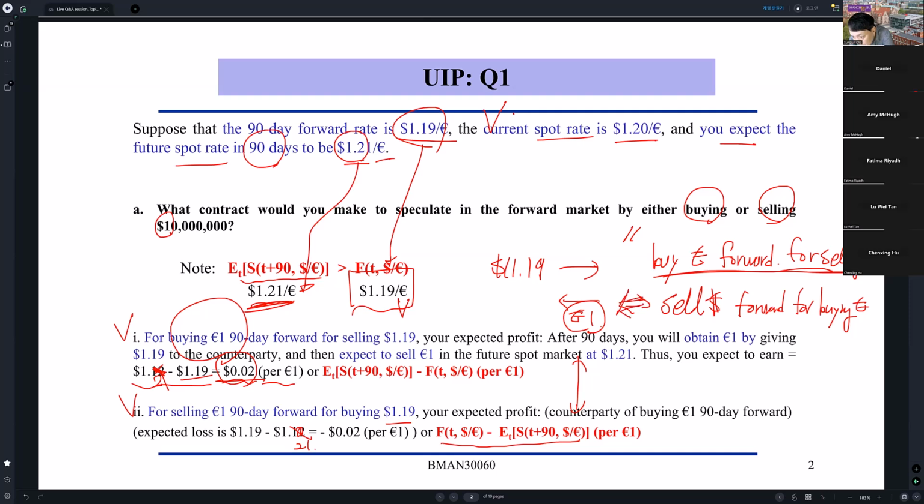I told you in international finance, when you think about anything involving the exchange rate, there are always two ways of saying exactly the same thing. You're gonna buy euro forward for selling dollars. You can say that in terms of dollar, right? You're gonna sell dollar forward for buying euro. This is just a confusing thing, but we just have to know this. Okay, is this okay? So you have to sell 10 million dollar forward.